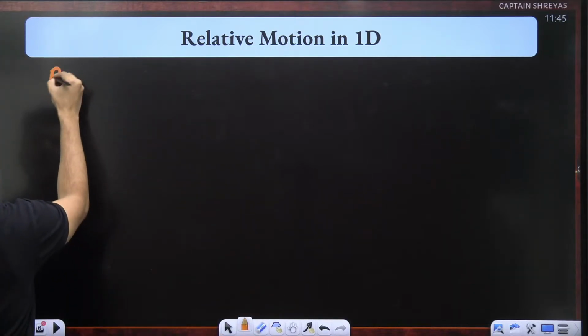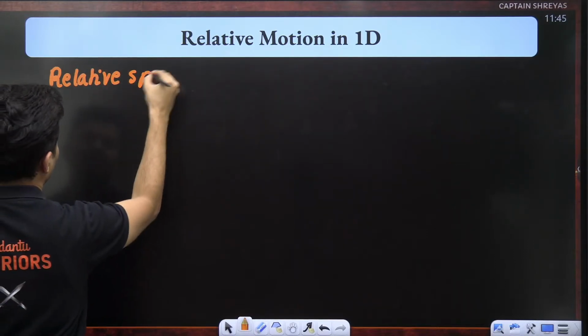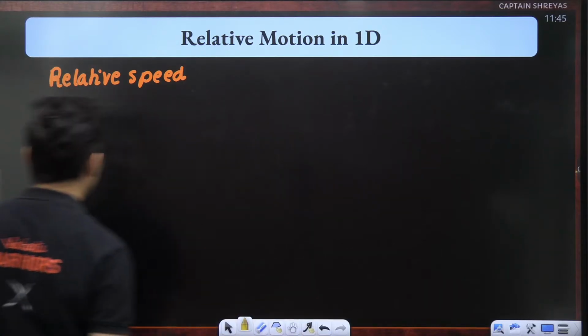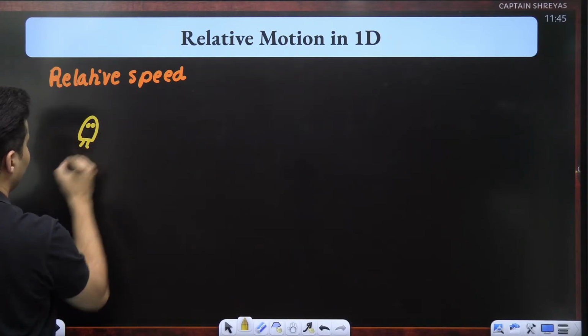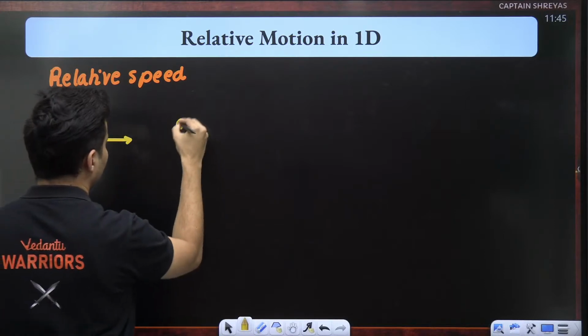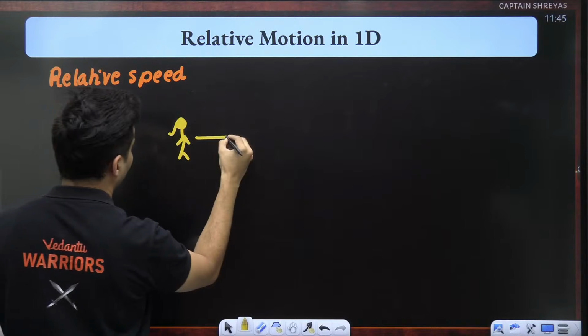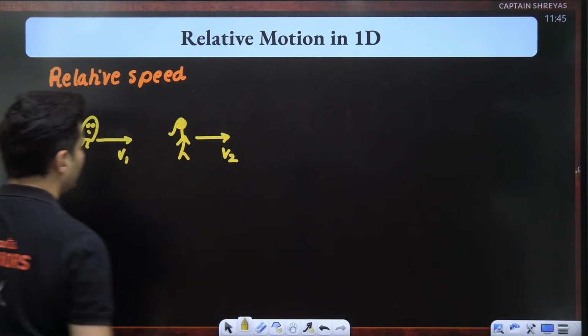So say, for example, you're trying to find relative speed. So let's take some scenarios. We have Pandu, who is going like this, who is following a Champa, going like this. Let's say this is V1, let's say this is V2.